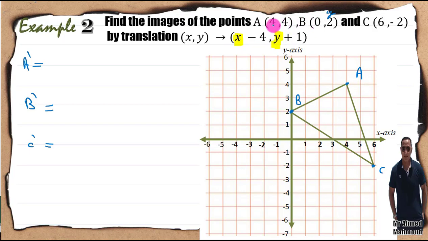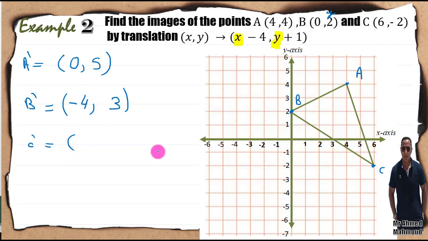Here A is 4 minus 4 and 4 plus 1. So A dash equals 4 minus 4, 0, and 4 plus 1, 5. B dash, back to B, 0 minus 4 equals negative 4, and 2 plus 1 equals 3.